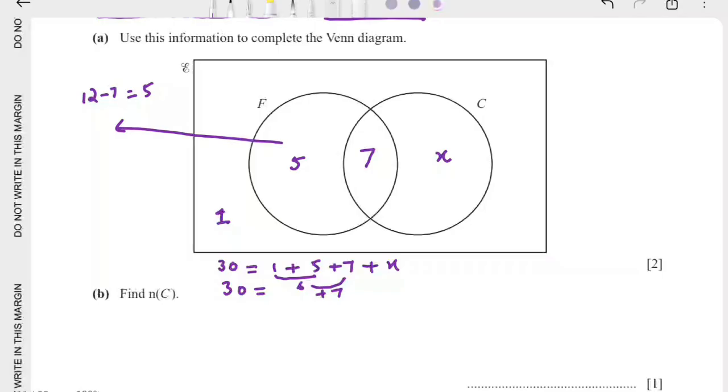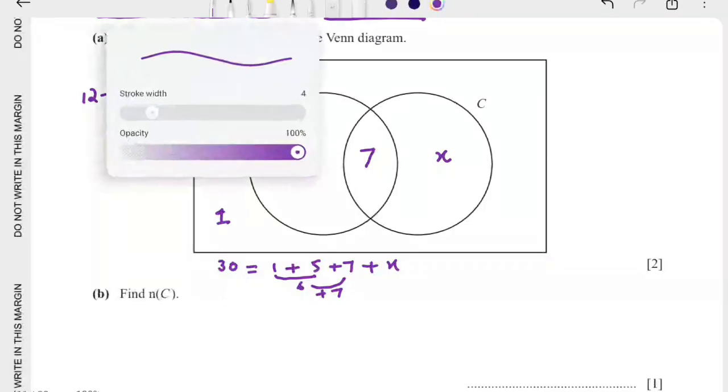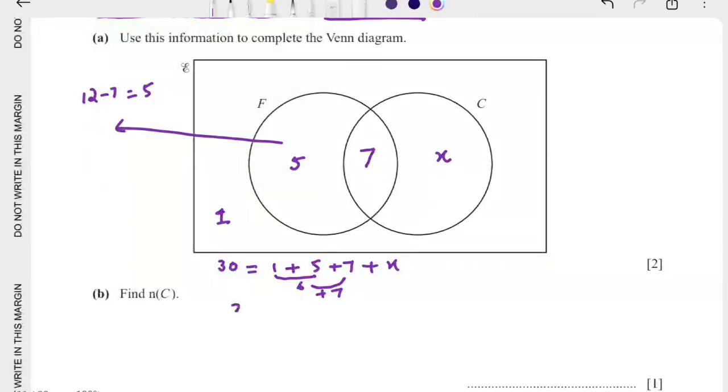So it will be 30 minus 13 is equal to x. So subtract both values. Take 1 carry. It would be 7 and 2. 17 would be the answer of this question. Now B part.